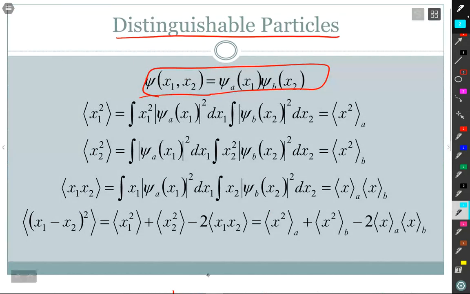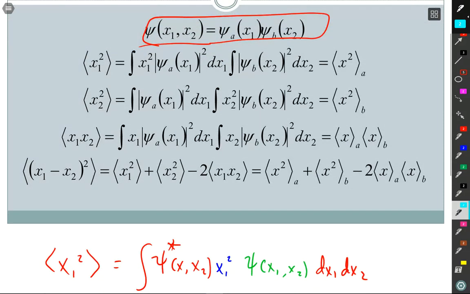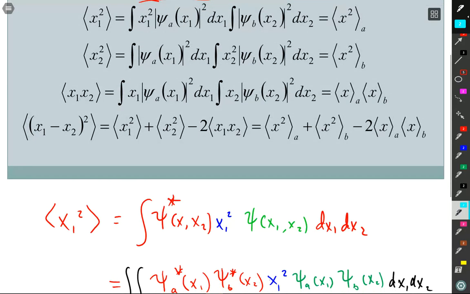I believe I had it right here, but now if we did it with x2, by analogy, since x1 and x2 are just labeling the particles, you're going to get exactly the same thing, but now it was state B because particle 2 was in state B. And then if we do expectation value of x1 x2, once again, we can separate the x's. So we're going to have x1 with the psi A mod squared, x2 with the psi B mod squared.